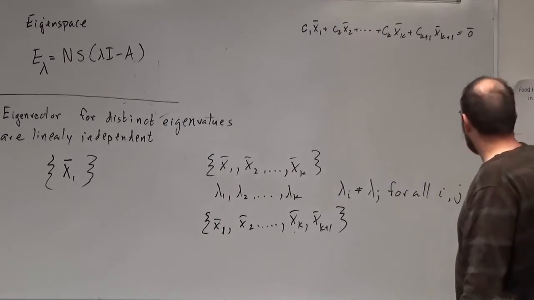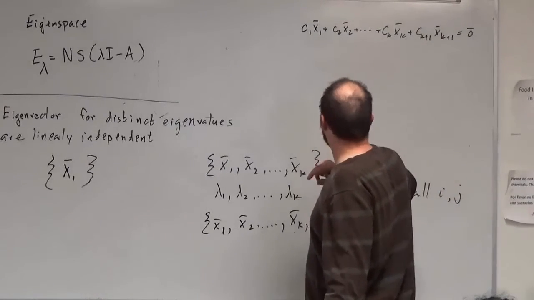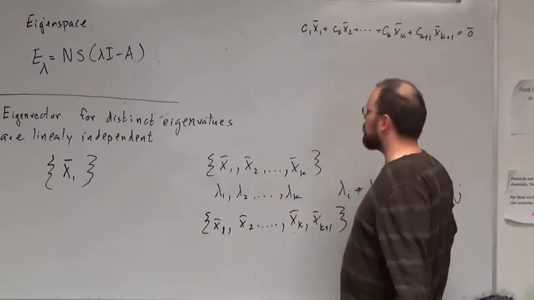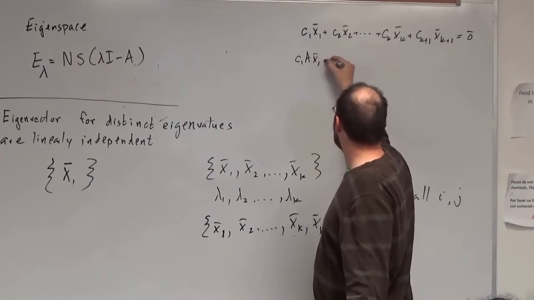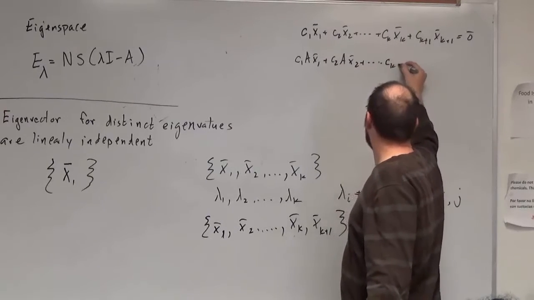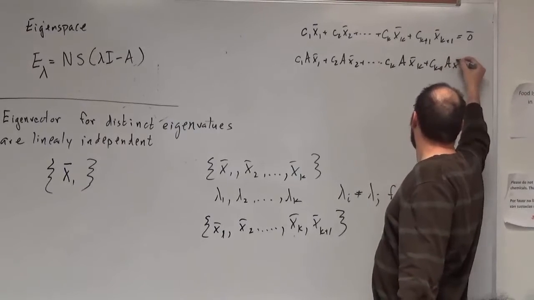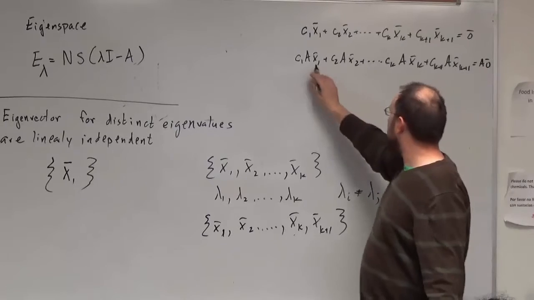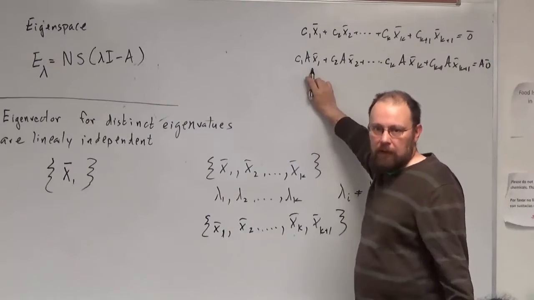But now imagine we multiply both sides by the matrix A. These are the eigenvectors for matrix A. And once we do that, I know you guys love proofs, but we get, because this is an eigenvector, A times x1 is lambda 1 times x.